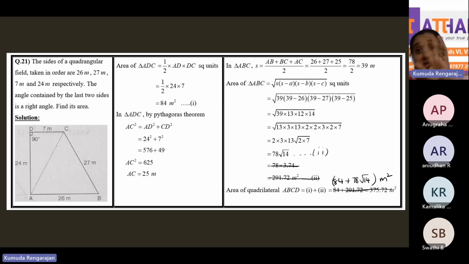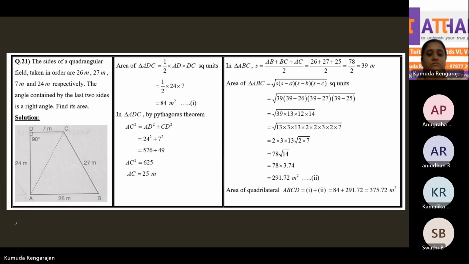The angle contained by the last two sides is a right angle. If you call it ABCD, CD and DA are the last two sides. AB is the first side, BC is the second side, CD is the third side, and DA is the fourth side. So you can see here the angle between CD and DA is 90 degrees. I hope you all noticed that. You don't have to write the decimal values.